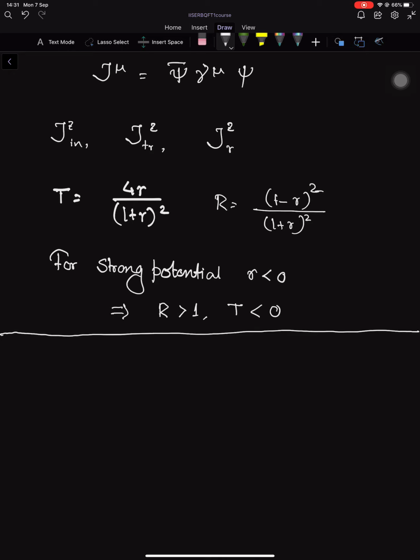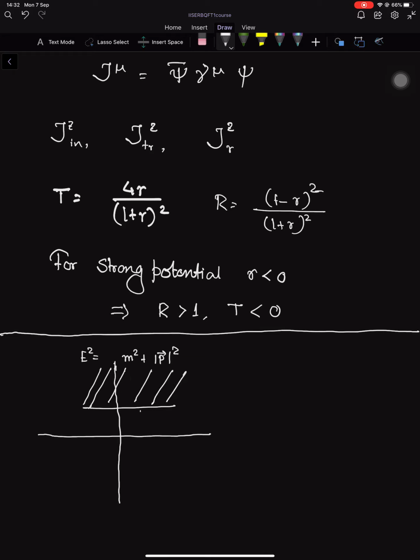For both of these particles, you remember that the dispersion relation is E square equals m square plus p square. Which roughly means that if we draw the energy diagram, this is the energy axis. Then the allowed values of energy are somewhere in between. So there is a gap here.